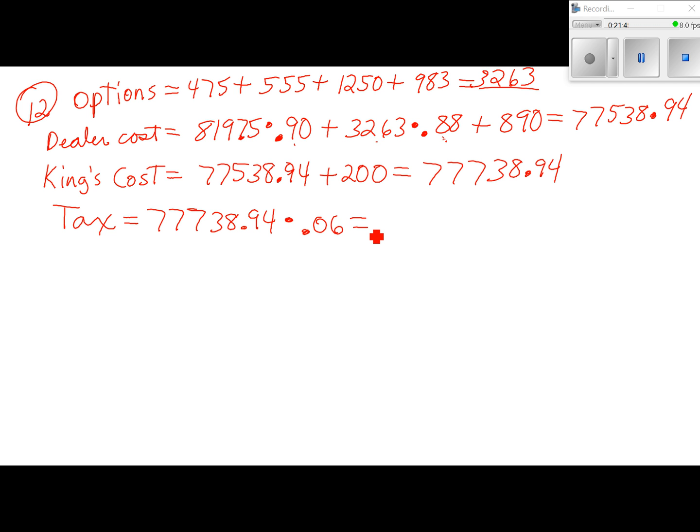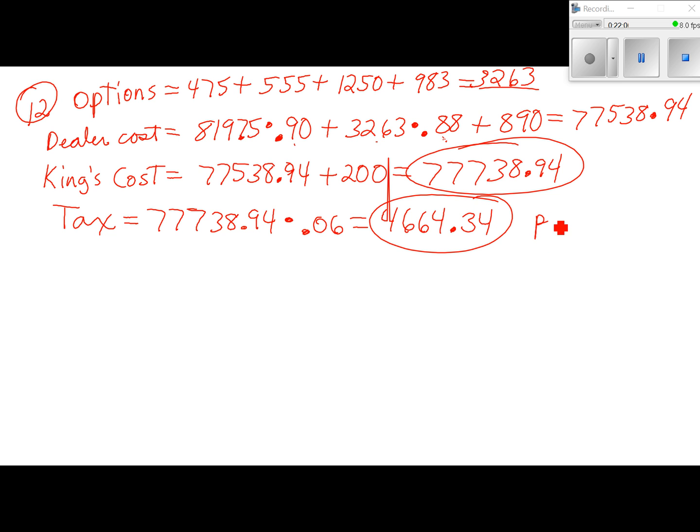Plug that into your calculator, and you end up with the tax of $4,664.34. And then to find Mr. King's final price on the car, you're just gonna add this number plus that number, and that's gonna give you your final price. So add those two, and that'll give you your answer.